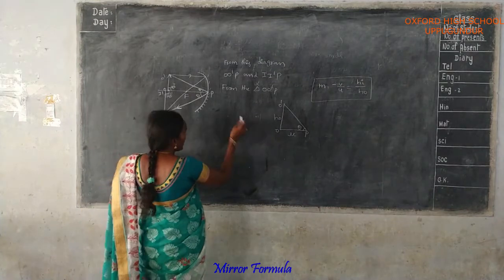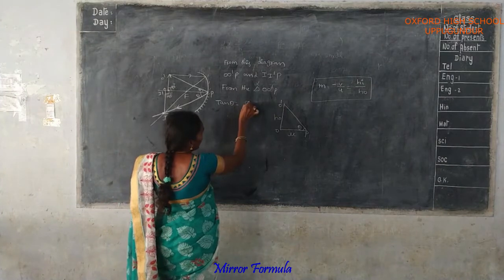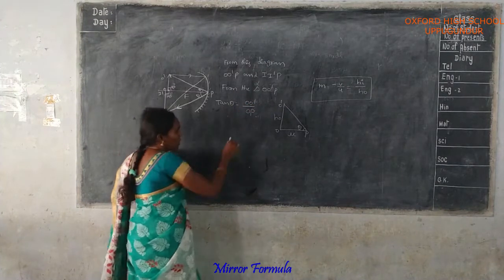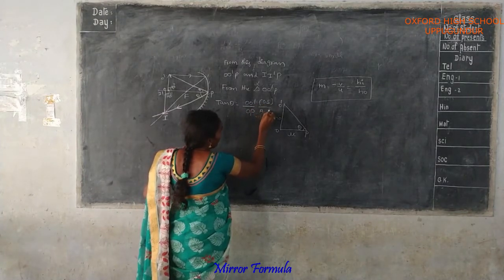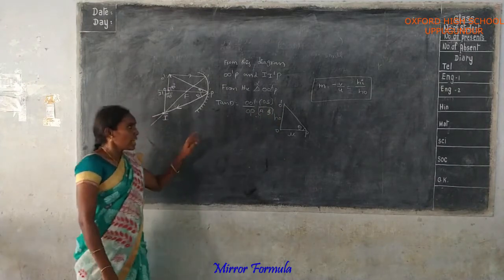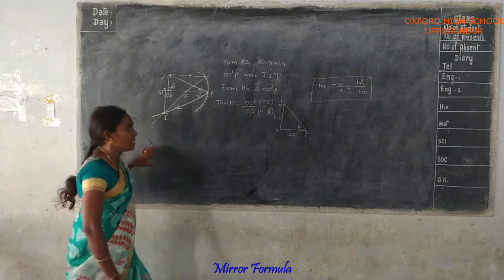From this diagram, tan theta is equal to opposite side O dash by adjacent side OP. OS means opposite side, AS means adjacent side. Tan theta is equal to O dash by OP, opposite side by adjacent side.